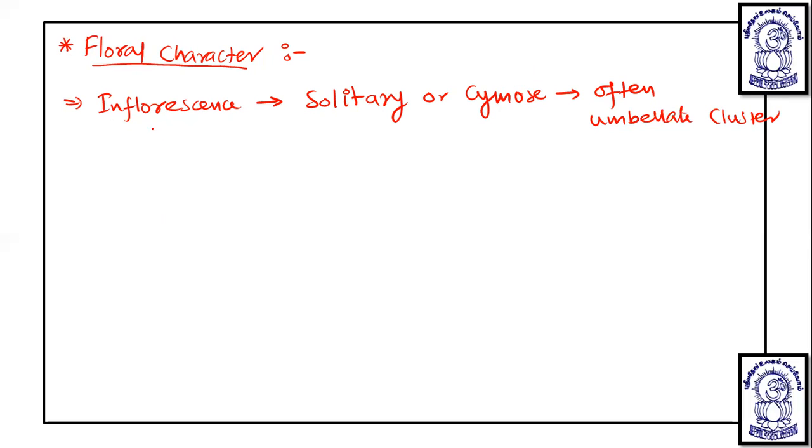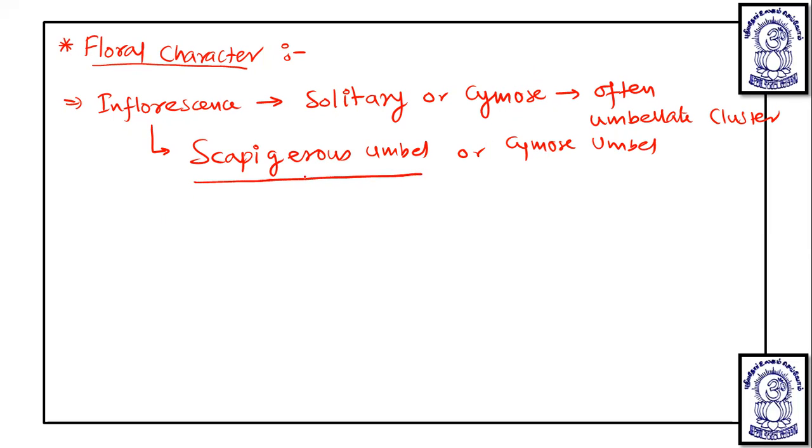In this Liliaceae family, you will find a scapigerous umbel or cymose umbel. Examples are onion and garlic. But the question is, what does this type of inflorescence mean? We have not studied this in the types of inflorescence. Yes, but sometimes you can get this question.